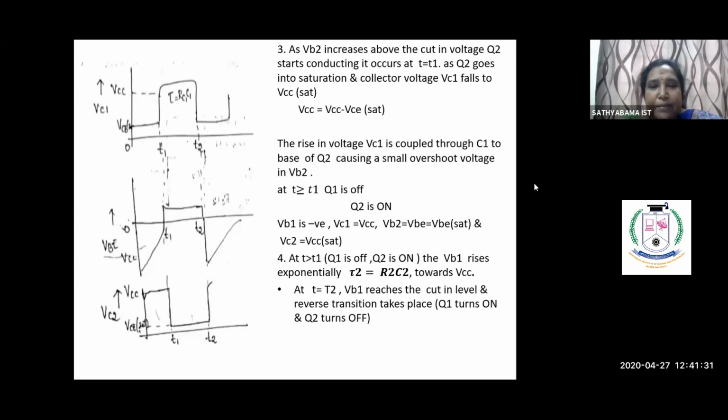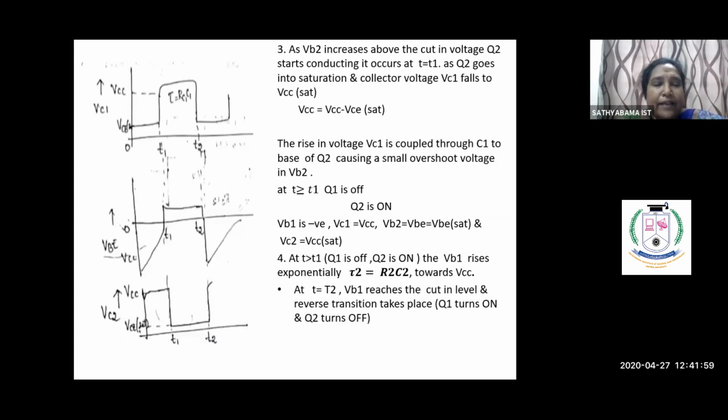The next time period is T equal to T1. At that time, VC1 rises to VCC minus VCE saturation. The rise in VC1 is coupled through C1 to the base of Q2, and it causes a small overshoot voltage in VB2. In the second graph, the small overshoot is drawn here.